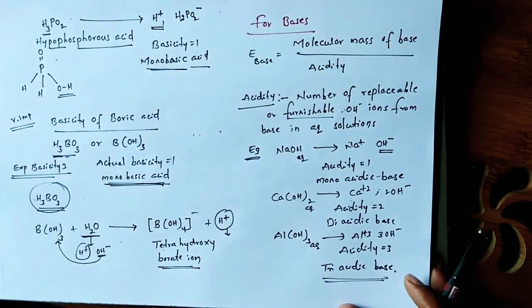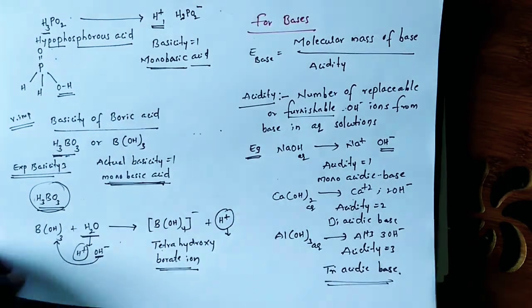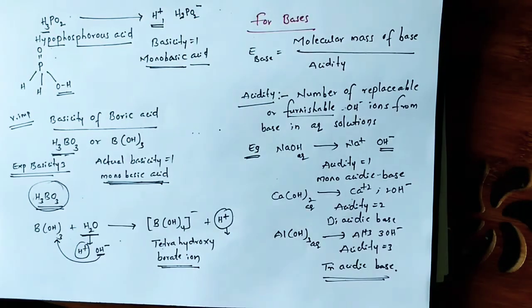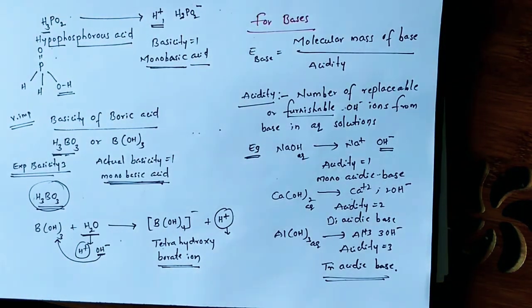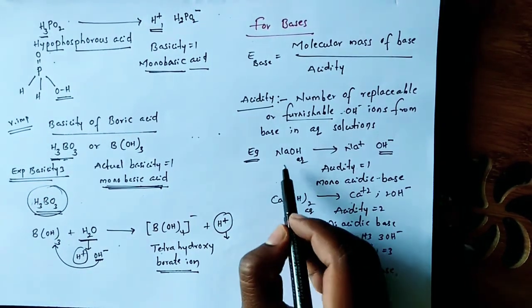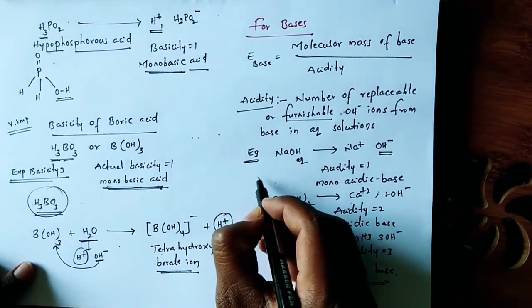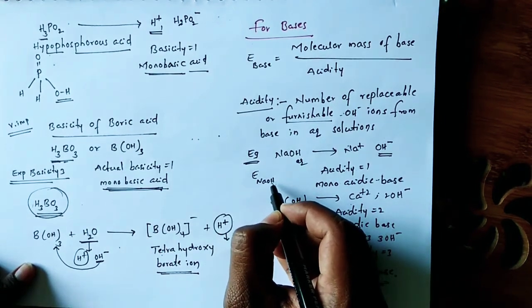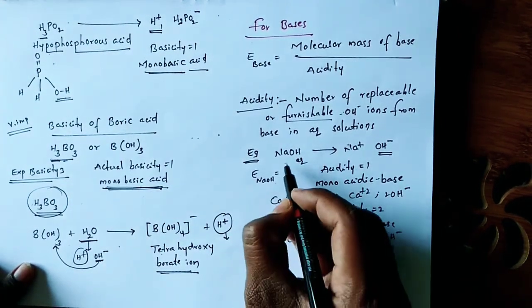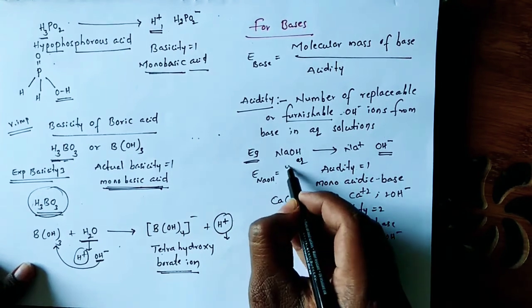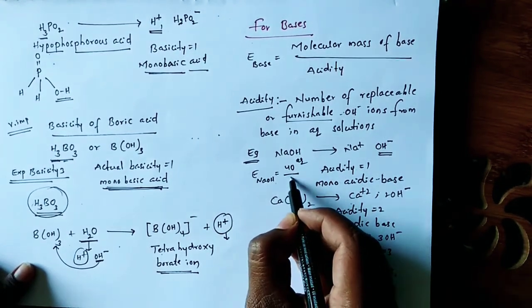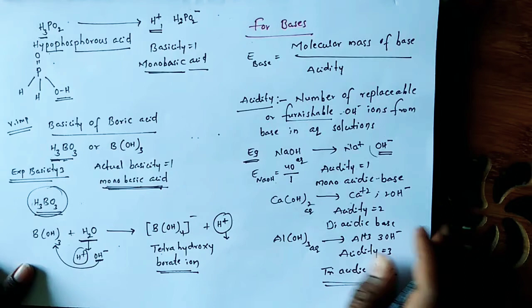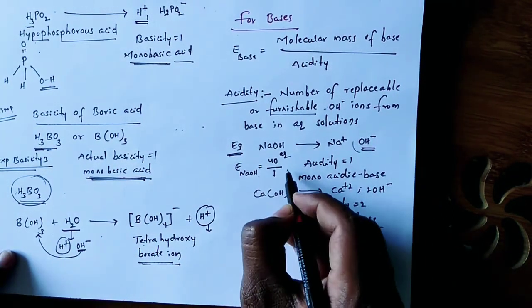For example, for sodium hydroxide, what is the equivalent weight? The molecular weight of sodium hydroxide is 40. So 40 by 1, because it furnishes only 1 OH minus, so its acidity is 1.